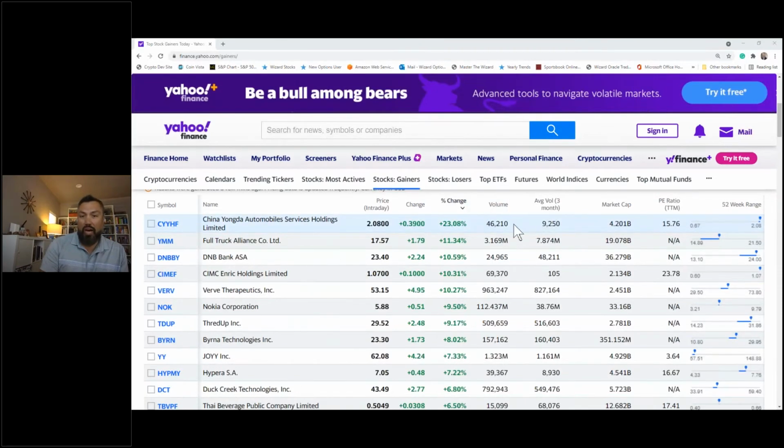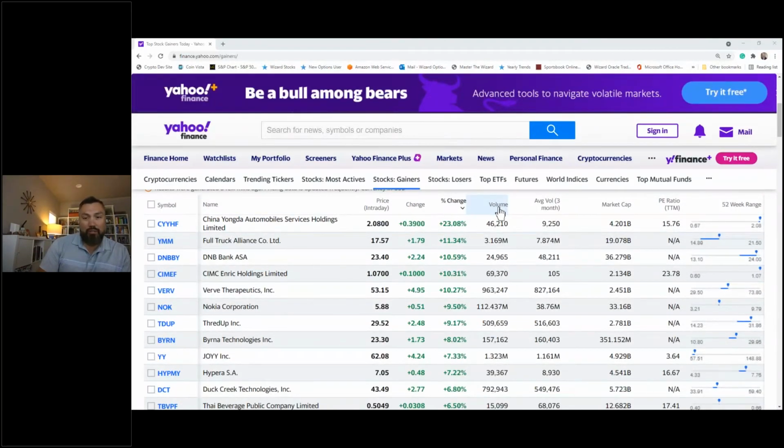This is why. Average volume, which is this column, is the 3-month average of activity, the number of shares traded. This is not dollars. This is the number of shares traded. It's about 9,200 shares a day. That's super small. I don't trade super small volume stocks, but this is the number.